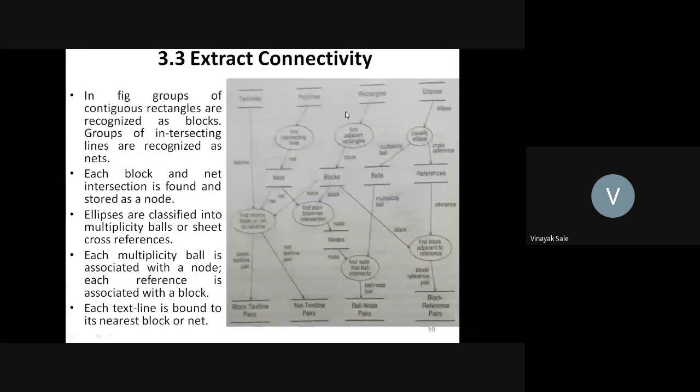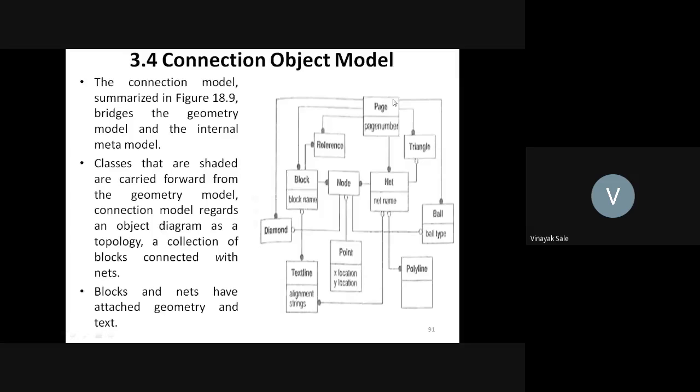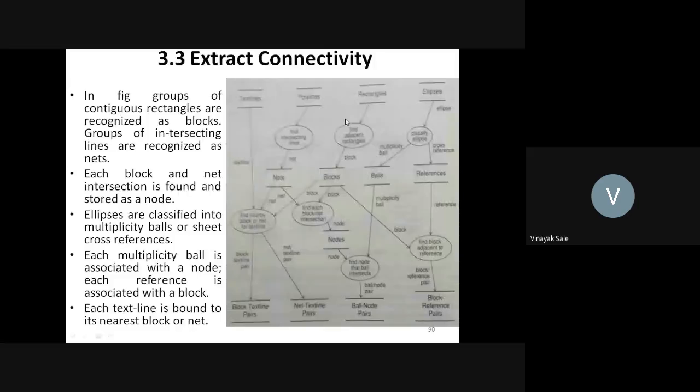So this is the figure. In this figure, find the nearby block or net text diagram. This is related with the text lines, polygons, polylines, rectangles, and ellipses. In this figure, a group of contiguous rectangles are recognized as blocks.